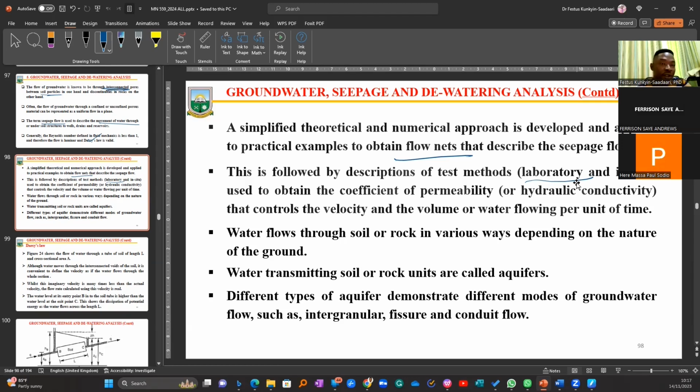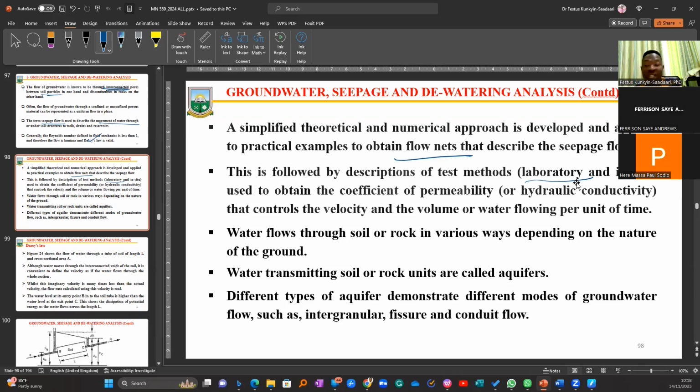So bear in mind that if you go to mine A and they are dealing with sedimentary rock, the behavior of flow will be different from mine B, where they are dealing with igneous rock. The nature of the ground is a contributing factor that will affect the behavior of flow.